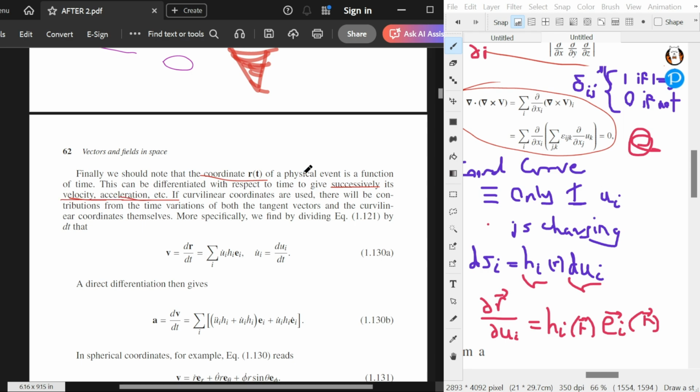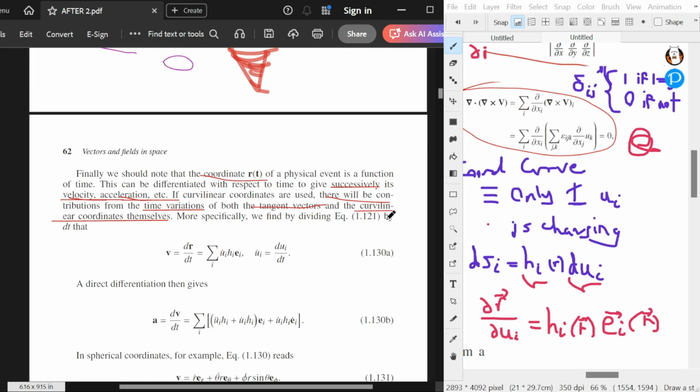If curvilinear coordinates are used, there will be contributions from the time variations of both the tangent vectors and the curvilinear coordinates themselves.